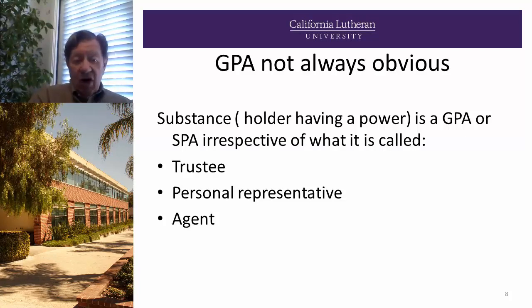Doesn't matter what we call them, if they have the power to determine who can receive the assets or the benefits of another person, it is a general power of appointment or a special power of appointment. Again, determining whether it's general depends on whether you have the power to use it yourself, your creditors can benefit, or your estate can benefit.